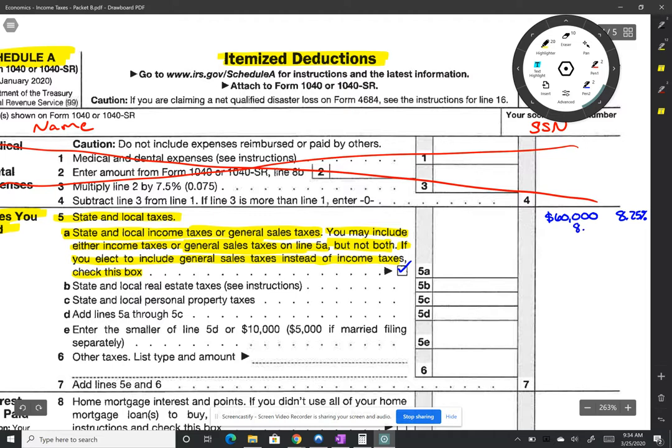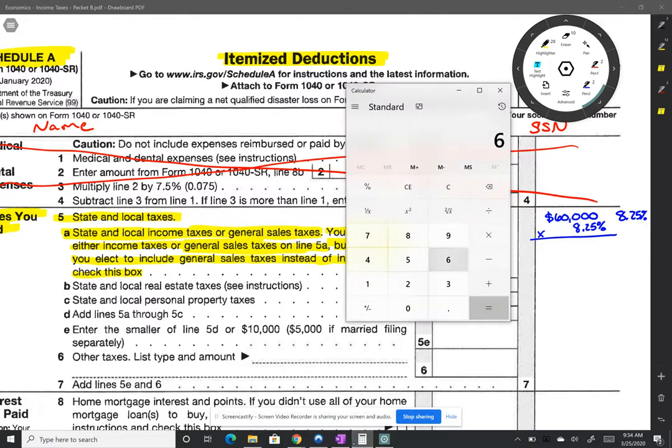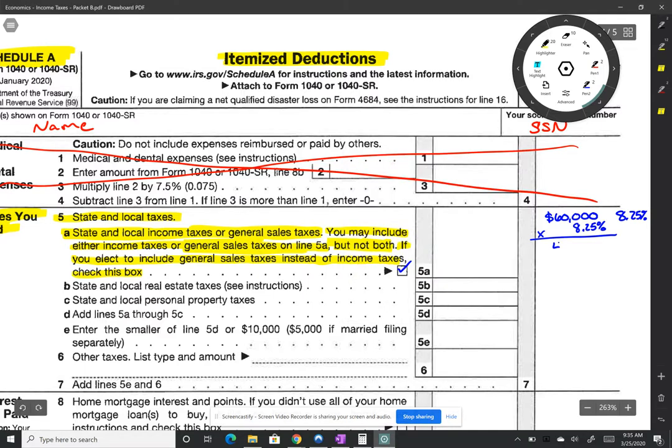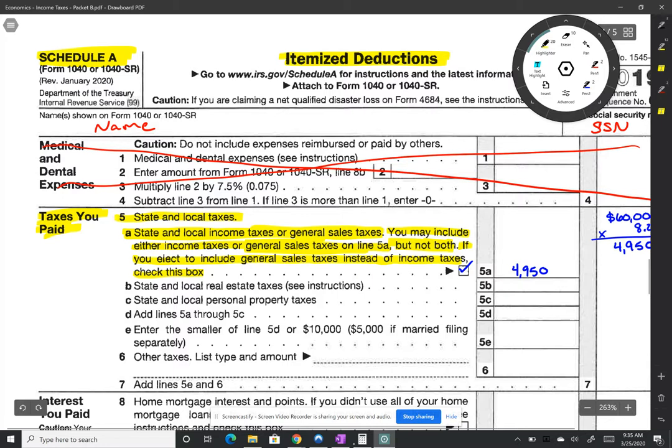So take 8.25% of $60,000. That gives us $4,950, right? So that's what we would put here in 5A, 4,950.